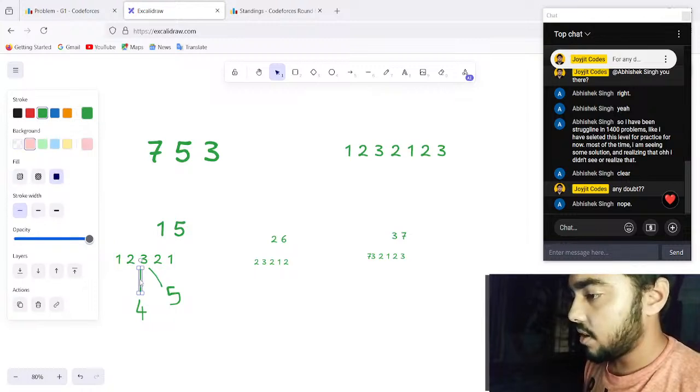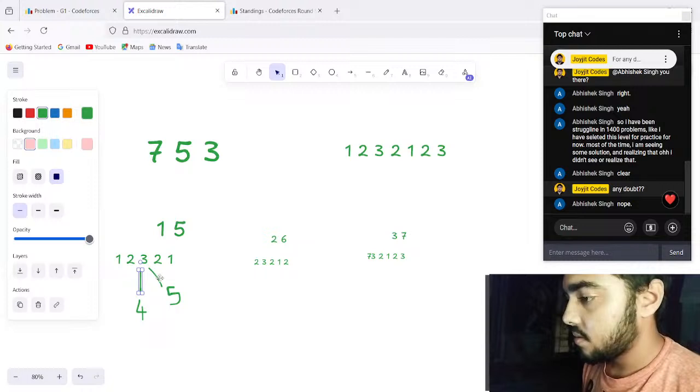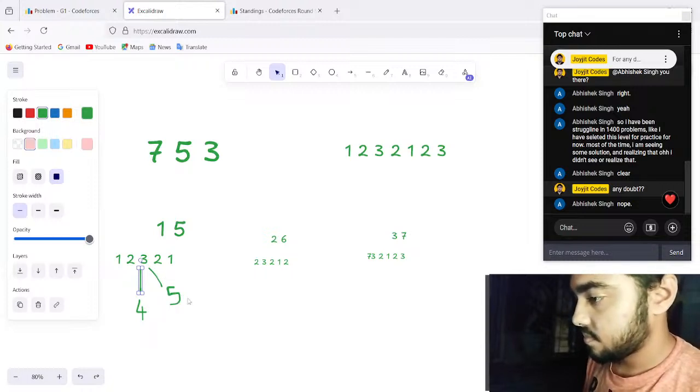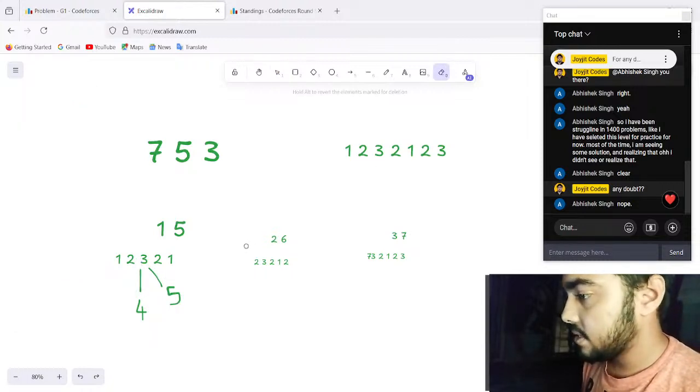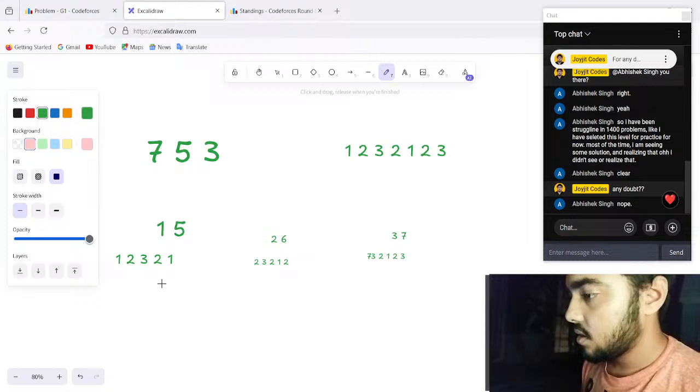So basically what we can make is, we can make this as 4 and we can make this as 5, so that all the elements are now consecutive.